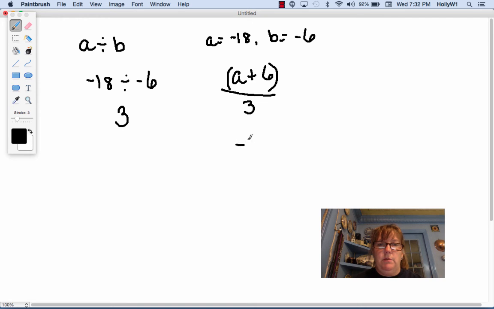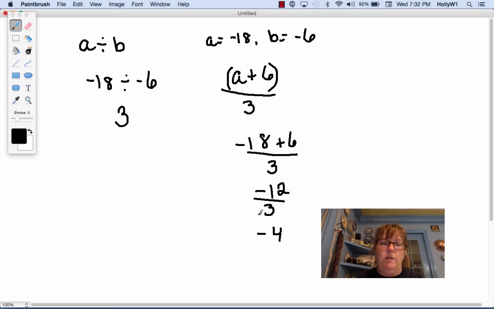So A is equal to negative 18 plus 6, divide the whole thing by 3. So we have to figure out what this is before we can do the division. Negative 18 plus 6 gives us negative 12 divided by 3. Well, we know that's 4, and we know it's negative because it is a negative divided by a positive. So that gives us negative 4.